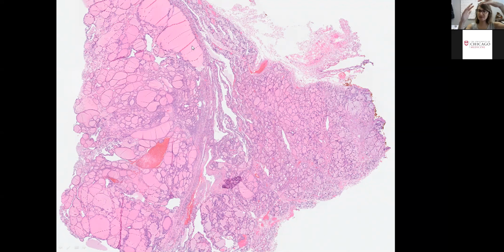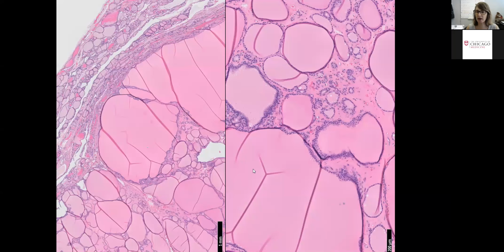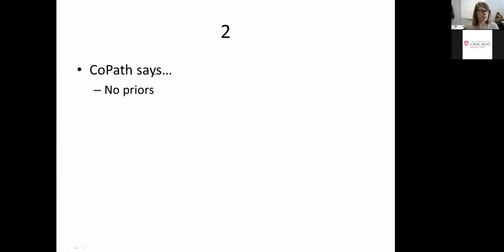And then on the left, contained within that arc, we see large follicles, small follicles, much more heterogeneous size. So to me, that's the lesional area, compared to the area on the right that is the normal rim. Here's a higher power of that lesion with the normal compressed rim on the left, and these large follicles on the right, with lots and lots of colloid, with small, bland nuclei, okay?